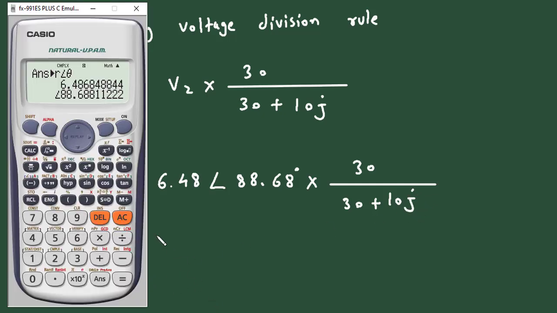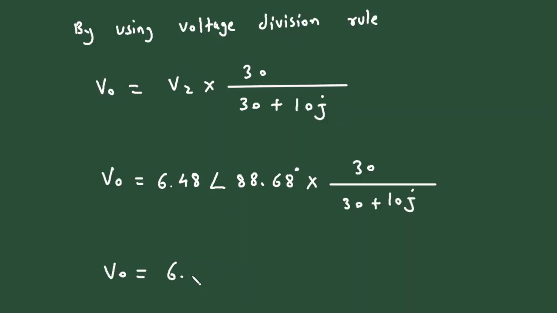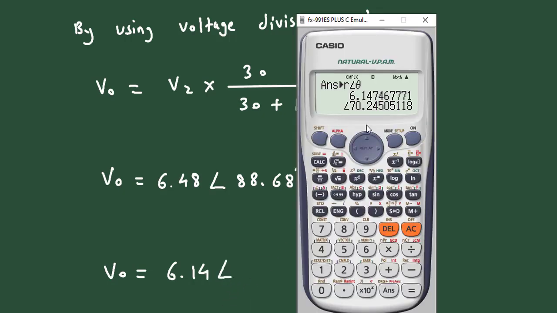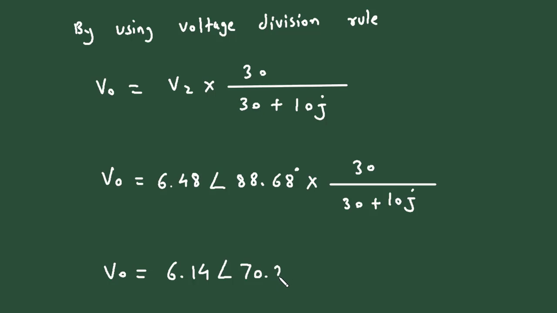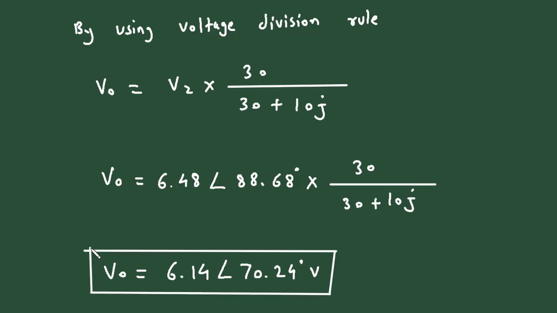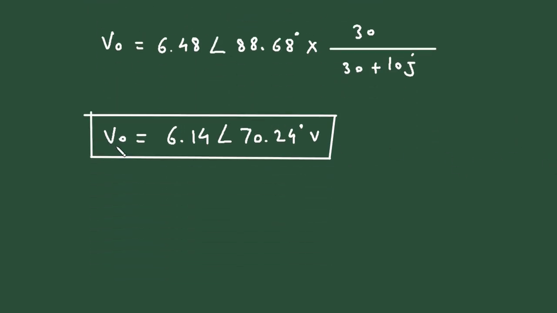Let's solve this in the calculator: 6.48 at an angle 88.68 multiplied with 30 divided by 30 plus 10 into j. So shift 2, 3, it is 6.14 at an angle 70.24 degree volt, because it is a voltage, so its unit will be volt. So this is the answer in the phasor domain, but we have to find it in the time domain.